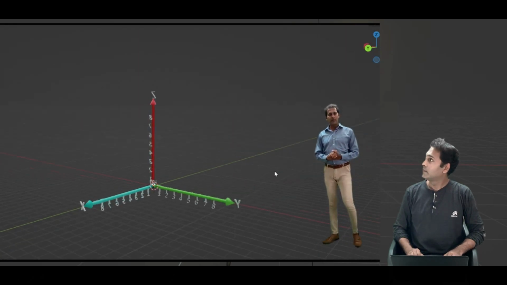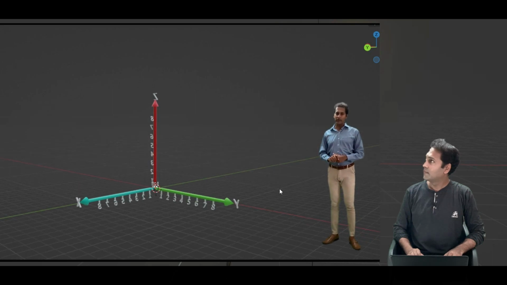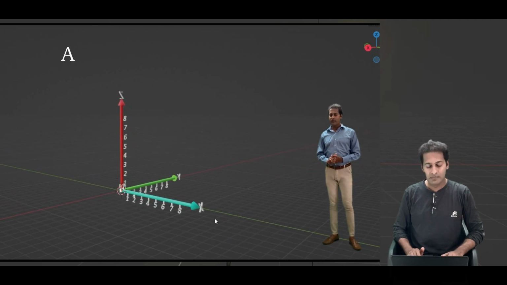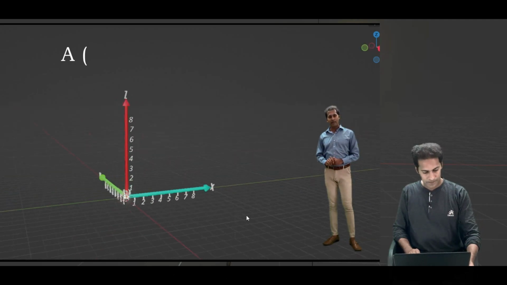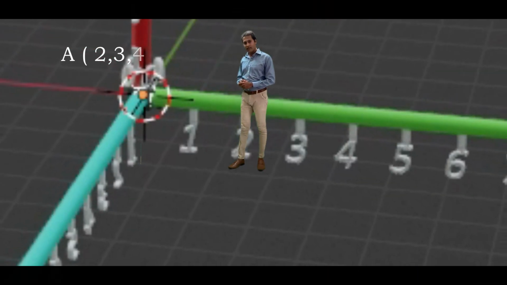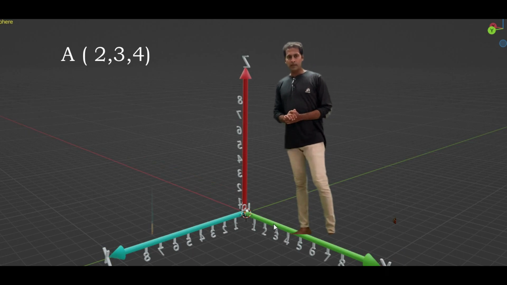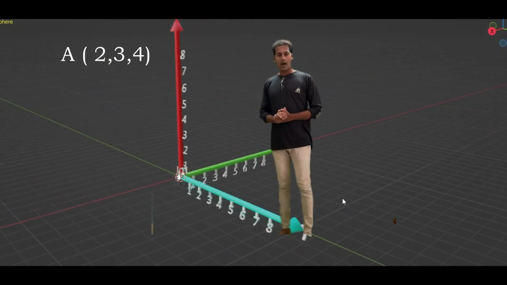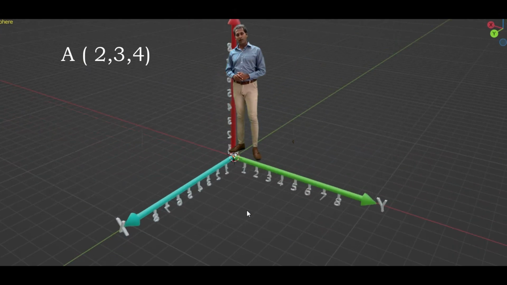We have to identify the position of the two given vectors in 3D space. 3D space in the Cartesian coordinate system has three axes x, y and z. All of them begin from a single point called the origin. Now here we can see in the given example the points for vector A bar are 2, 3, 4.